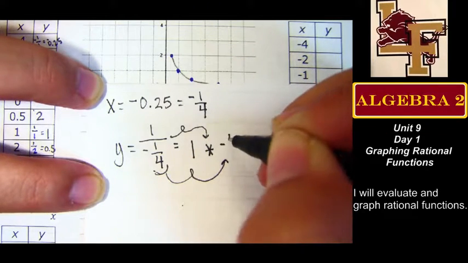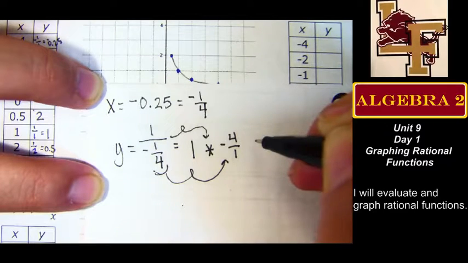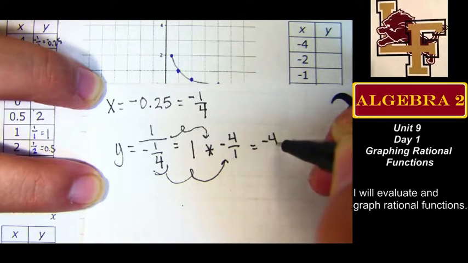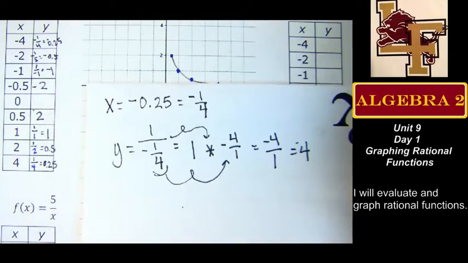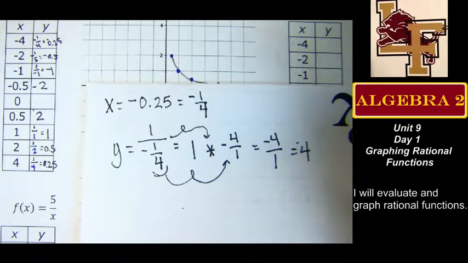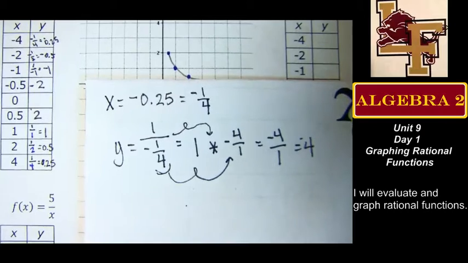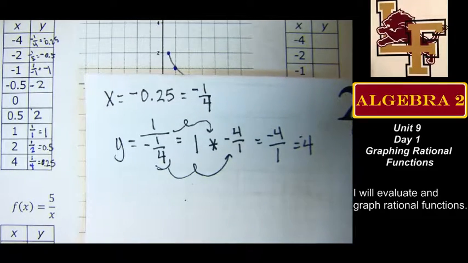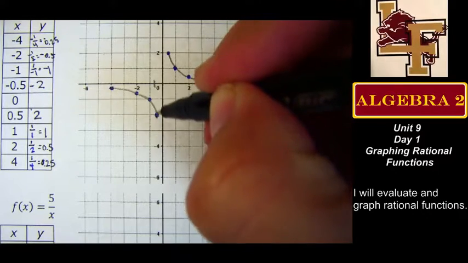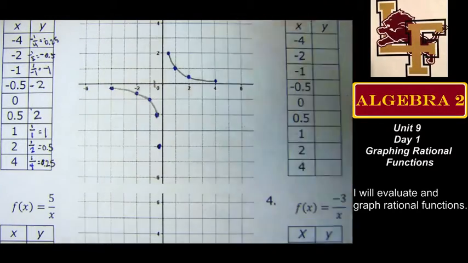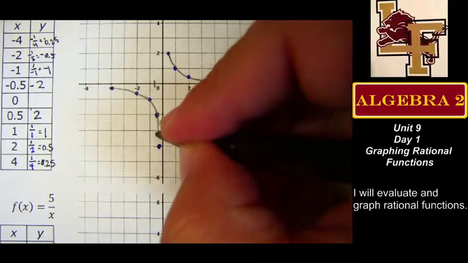Take the bottom and write the reciprocal. Now multiply straight across. I'm at -4. You all right so far with that? So at -1/4, I am down at -4.